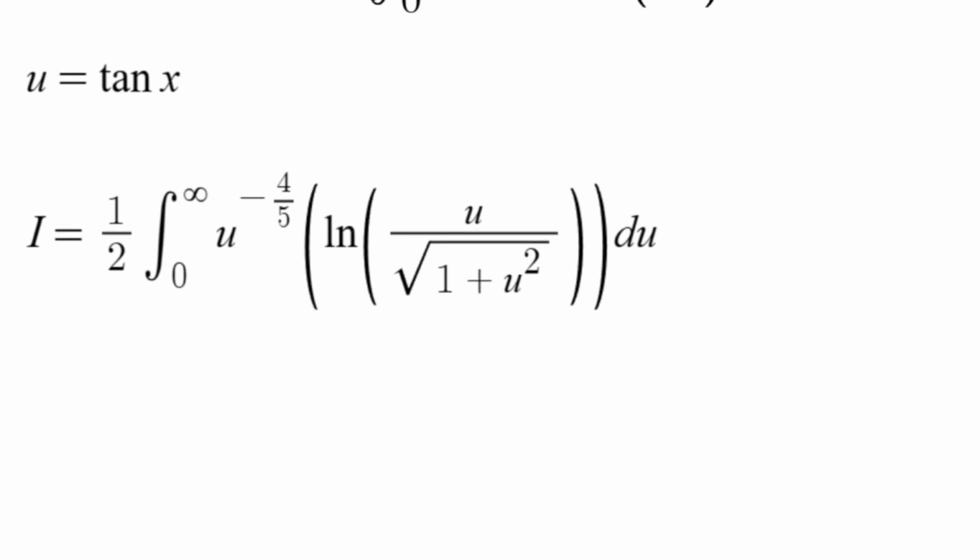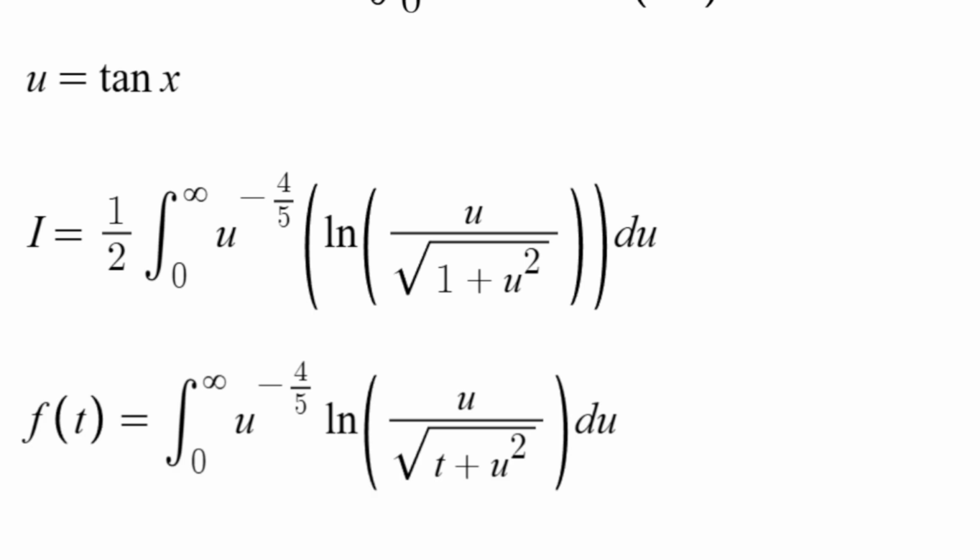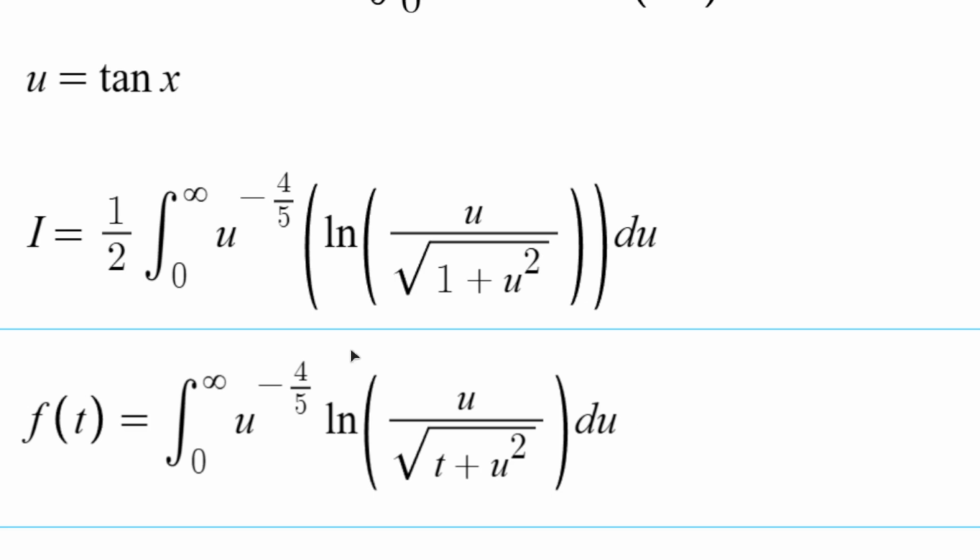All right, so for our next step, we're just going to solve this using classic Feynman integration. I believe Maths 505 used the gamma and beta function and expressed his answer in terms of the golden ratio. But we're just going to be using strict Feynman integration to solve this. So we're going to let f of t equal this integral.